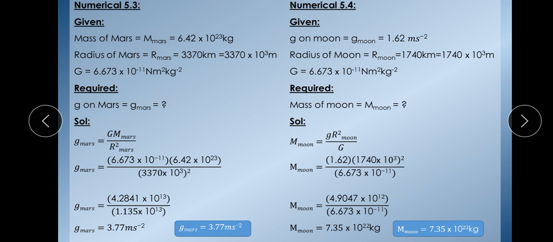We know the relation to find g on the surface is equal to G M over r square, the mass of Mars divided by the radius square of Mars. We will put the values in the next step. That is 6.673 multiplied by 10 power minus 11 into 6.42 multiplied by 10 power 23 divided by 3370 multiplied by 10 power 3 whole square.